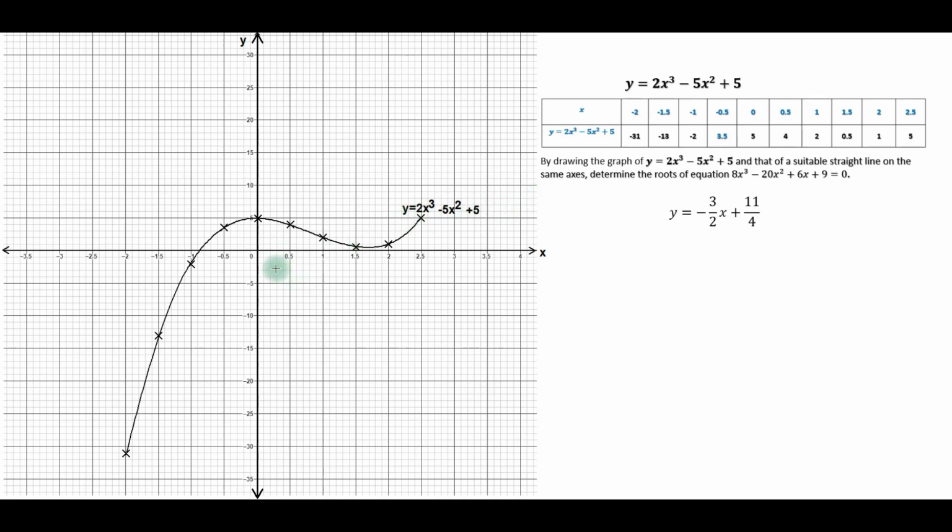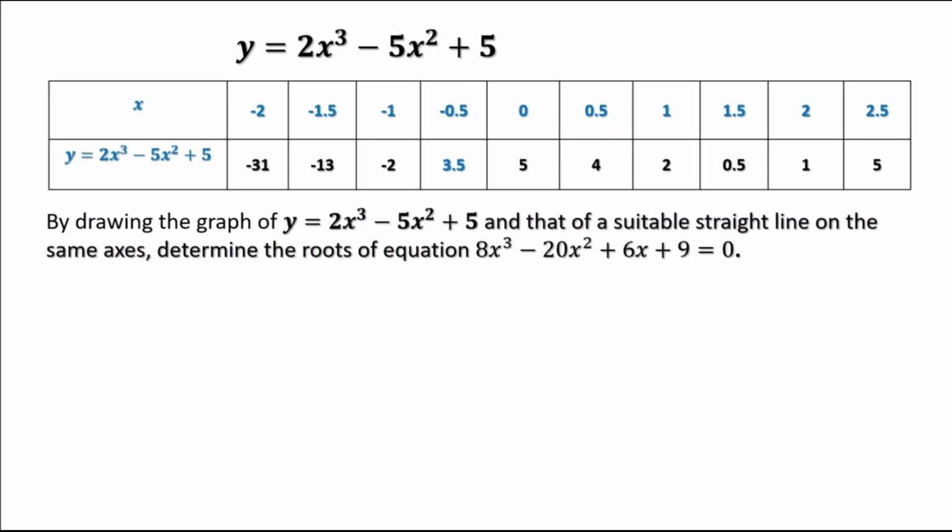So next, by drawing the graph of y is equal to 2x cubed minus 5x squared plus 5, and that of a suitable straight line on the same axis, we need to determine the root of the equation 8x cubed minus 20x squared plus 6x plus 9 is equal to 0.